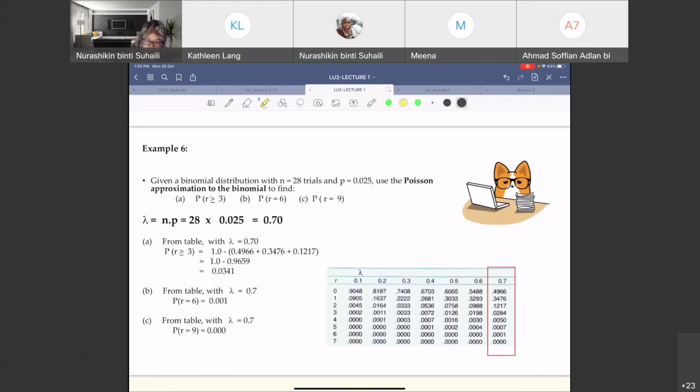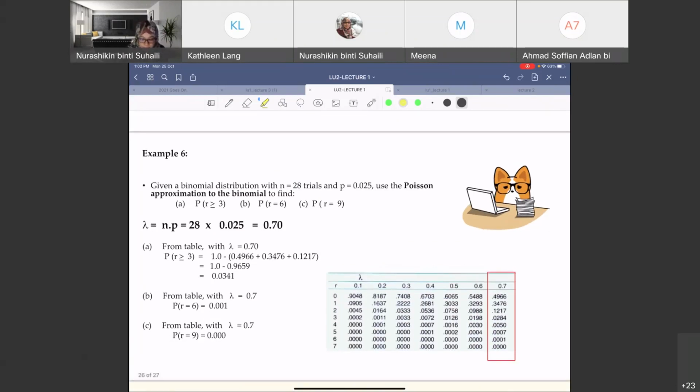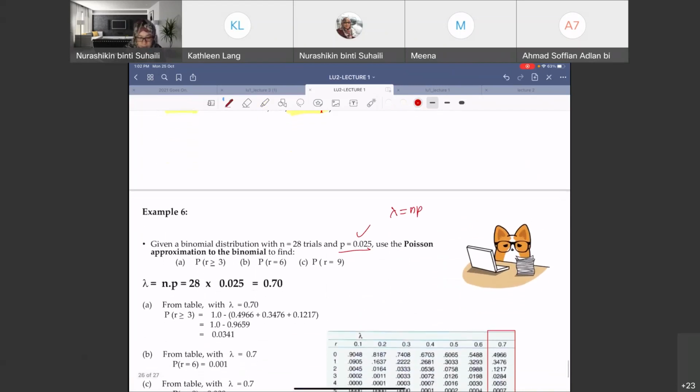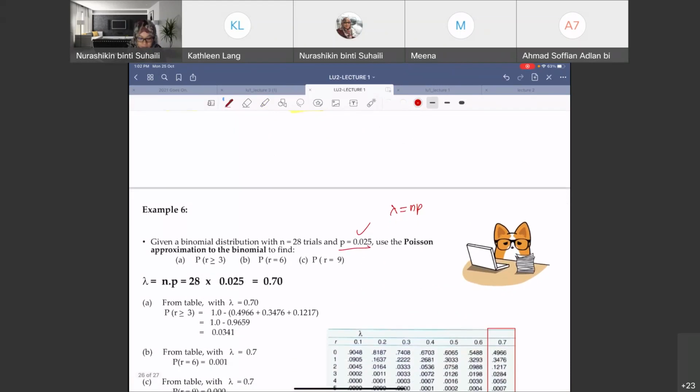So in that case, you have to apply the rule from just now. You have to check whether p is less than 0.05. Yes, it is, for this one. Another thing is you have to apply lambda equal to np before you can use the Poisson distribution, because lambda is not given directly in this situation.